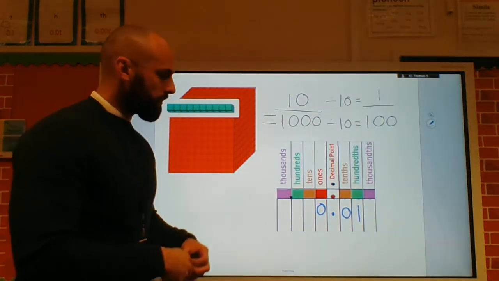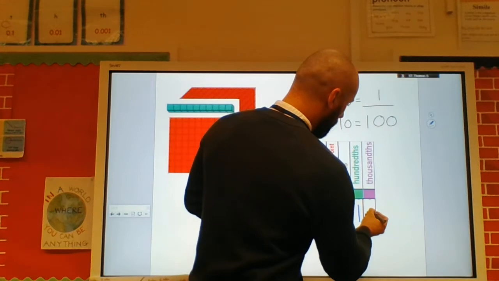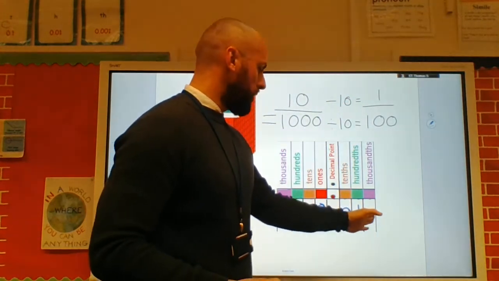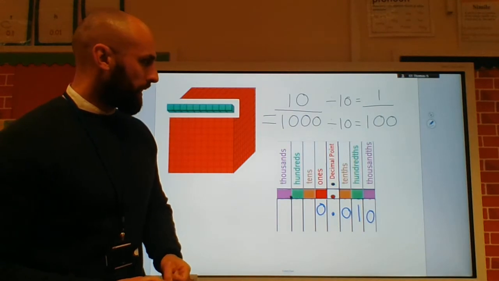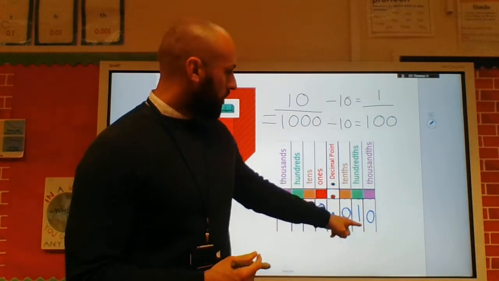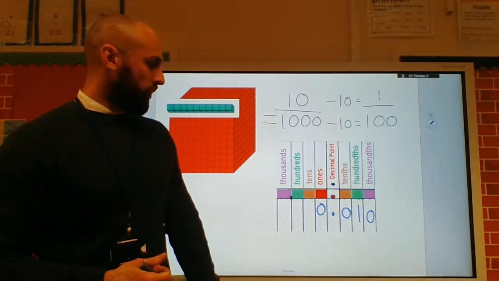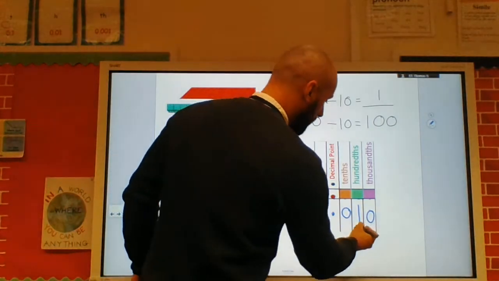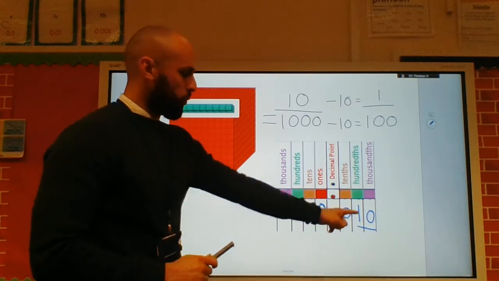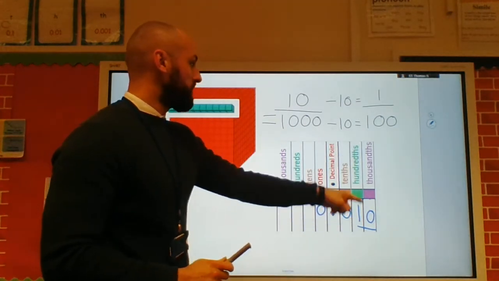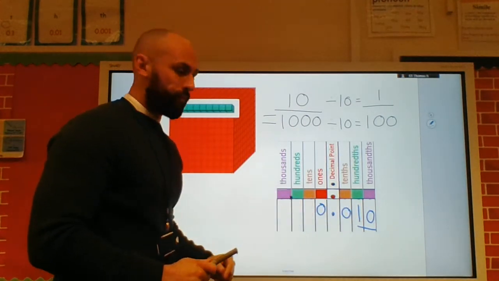Okay? I could put the 0 in for thousandths, but there's no point because it has no value and it's not a placeholder. I can call this 1/100th, or I can actually still call it 10 thousandths. Okay? So that's 1/100th, but it's also 10 thousandths.